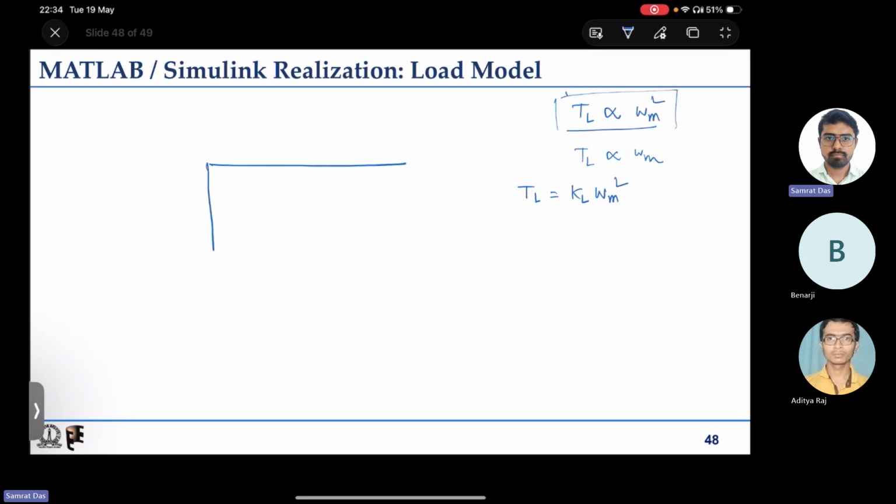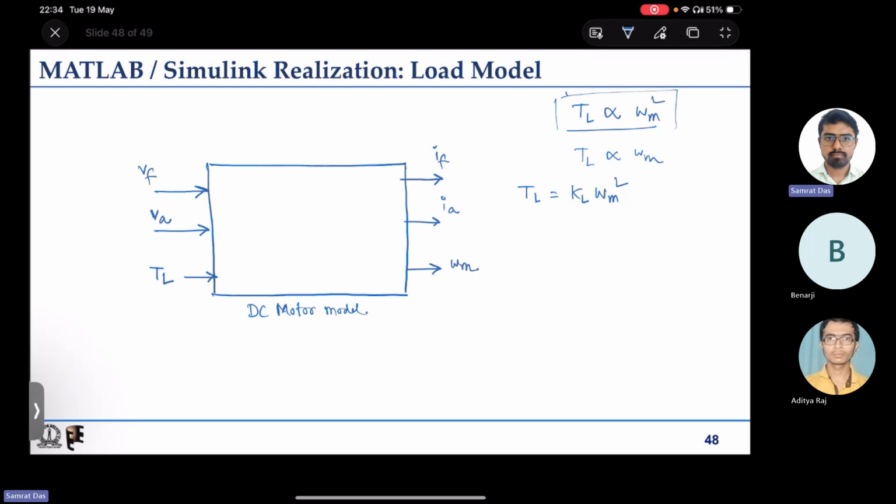So if we have the DC machine model, say this is our DC motor model, where the inputs are Vf, Va, and the load torque, and the outputs are field current, armature current, and omega m.